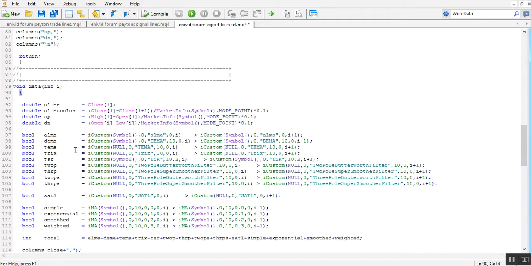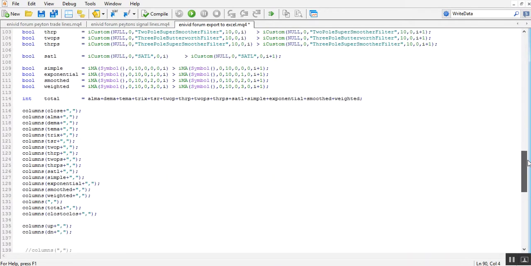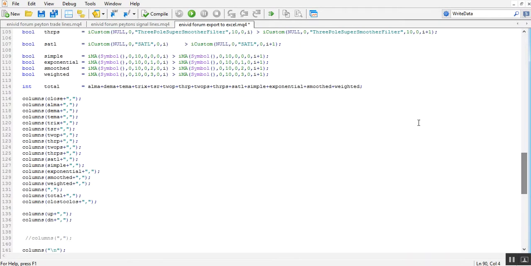And here is where it puts it in. It puts this information in the columns. And I have a spare here. That's just so I don't have to type that out. Then it totals them up, and the total is every single one of them.